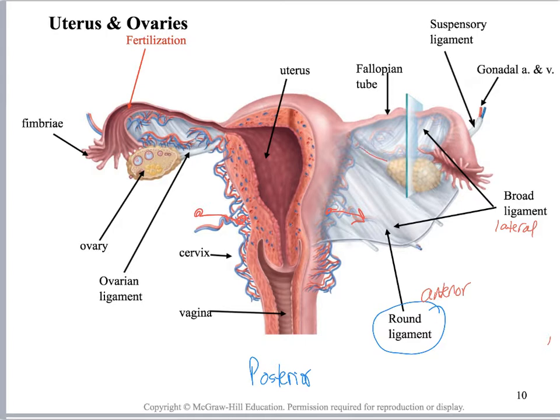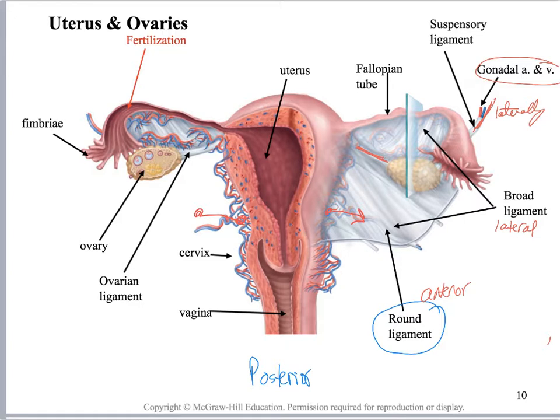We have the ovarian ligament, which is going to anchor the ovary medially, and the suspensory ligament, which is going to anchor laterally, okay? In the suspensory ligament you also have the ovarian artery and vein, which can also be called the gonadal artery and vein, okay?